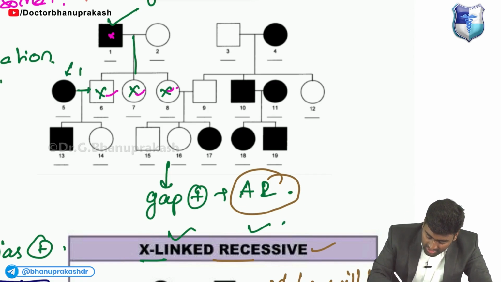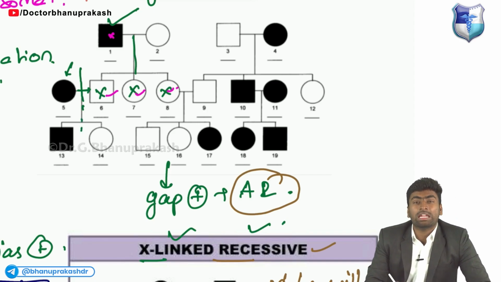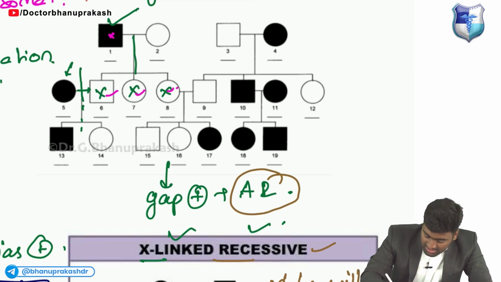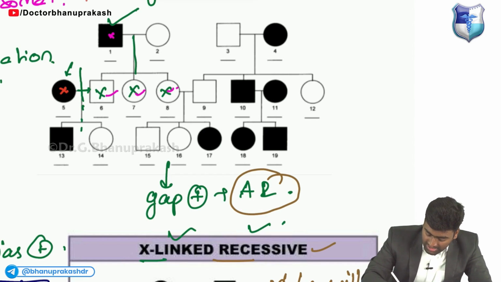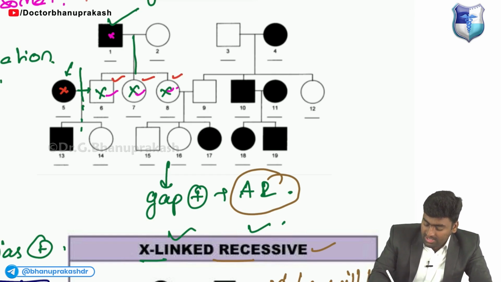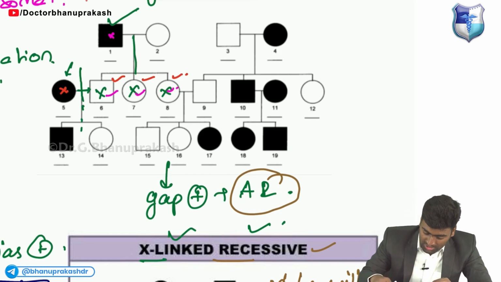So don't consider these outside people as your family. Neighbors will always stay as neighbors, so have a limit with them. If they are affected but coming from outside, they are not considered as generations. The generation here is these three, and these three are unaffected. So it is autosomal recessive. Don't have confusion in it.